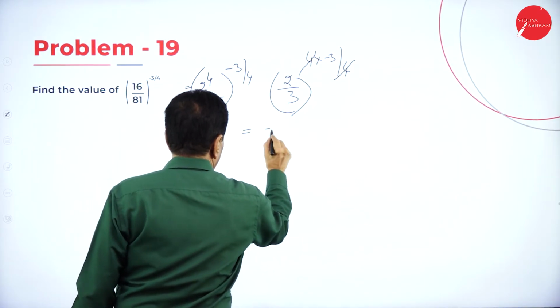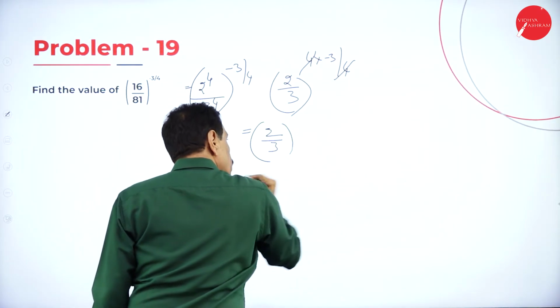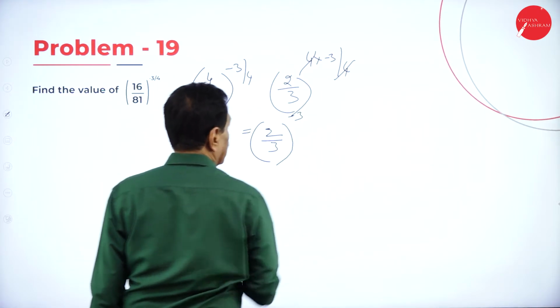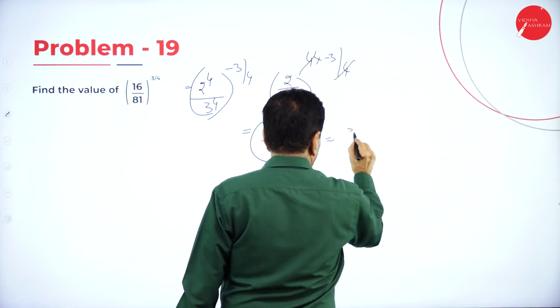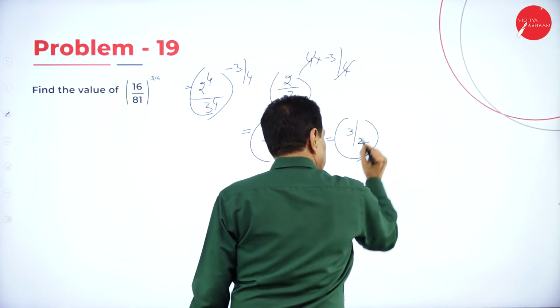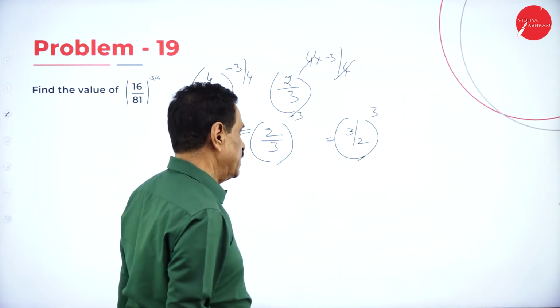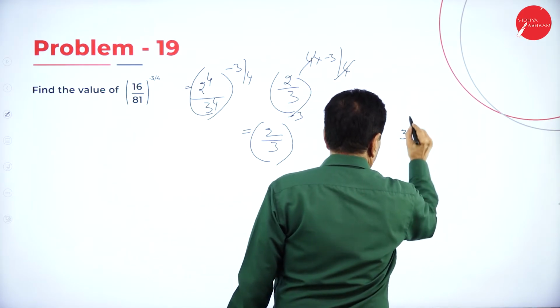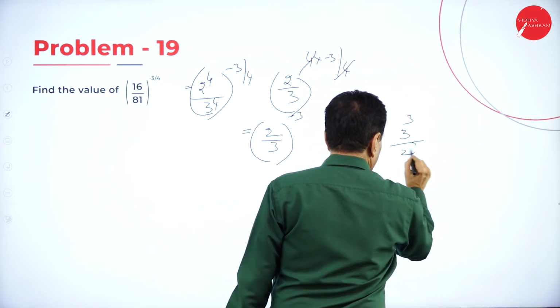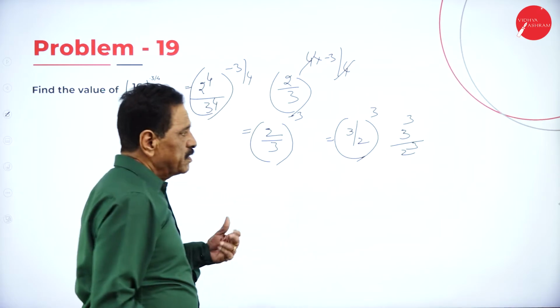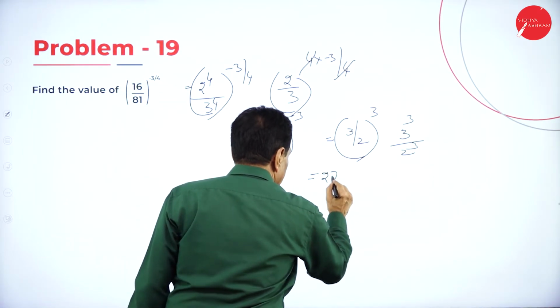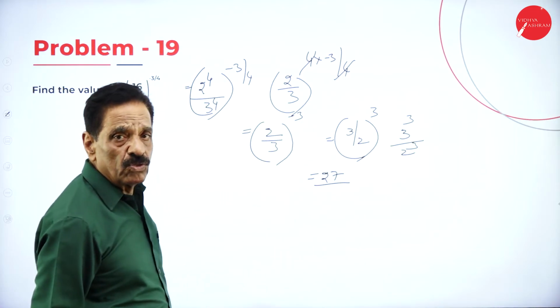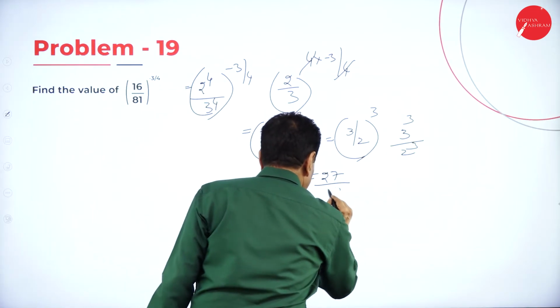What is left over? 2 by 3 to the power of minus 3. This can be written as reverse, 3 by 2 to the power of 3. This is nothing but 3 to the power of 3 over 2 to the power of 3. 3 threes are 9, 9 threes are 27. 2 cube, 2 2s are 4, 4 2s are 8.